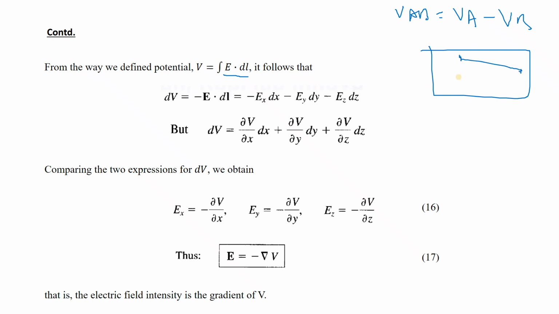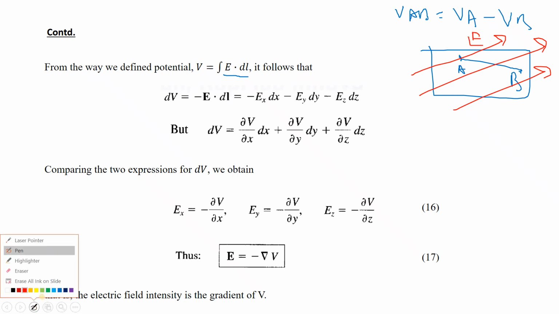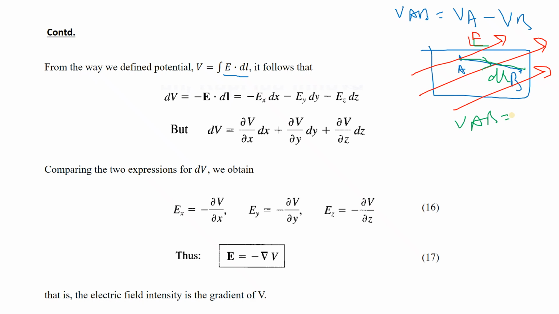Inside a particular plane there is a point charge, and you are shifting the point charge from A to B, and there is already some electric field present. When you shift that point charge from A to B, you are doing some work inside this electric field E, and the displacement is dl. So the potential difference will be equal to the line integral of E dot dl from A to B. This one we already studied.